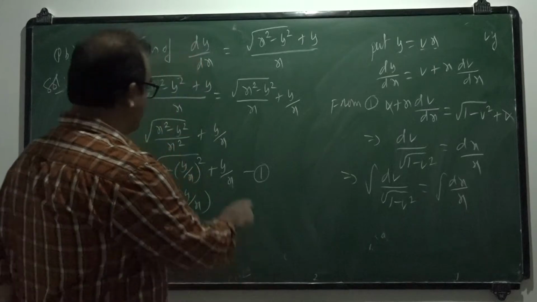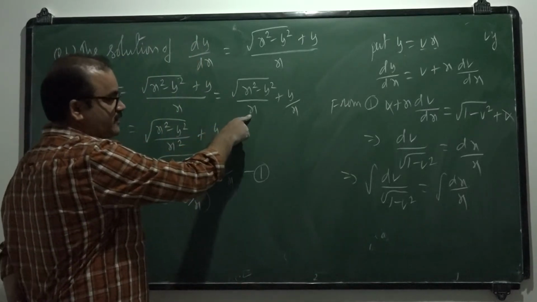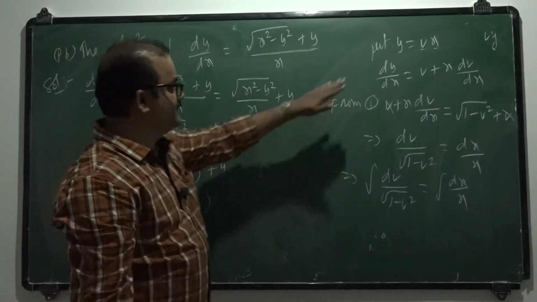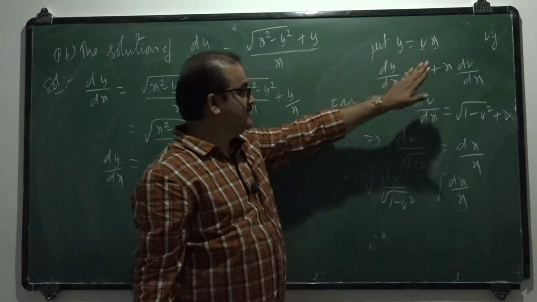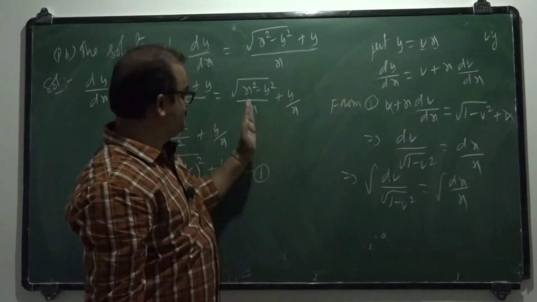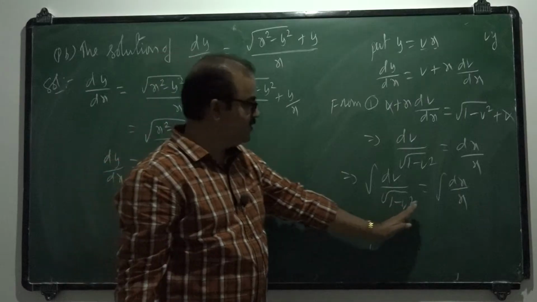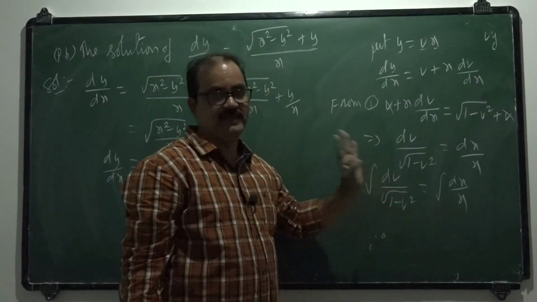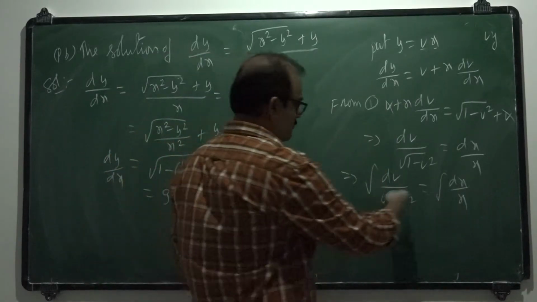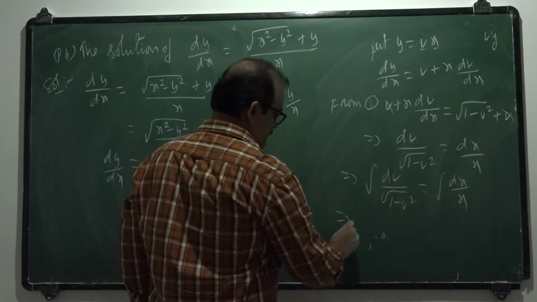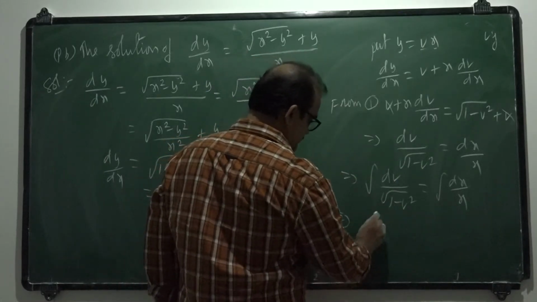See here, even if the equation is homogeneous, by using some substitution, we reduce this homogeneous equation into the variables separable method. Now, what is the integral of 1 by root of 1 minus v square?